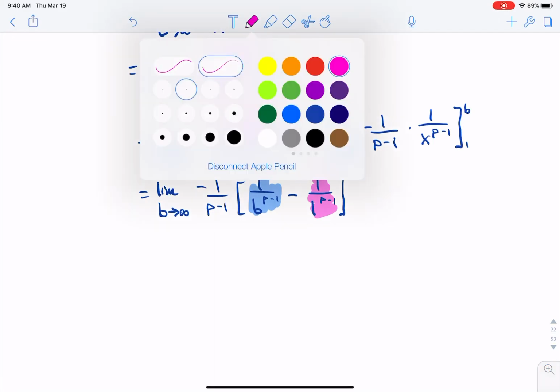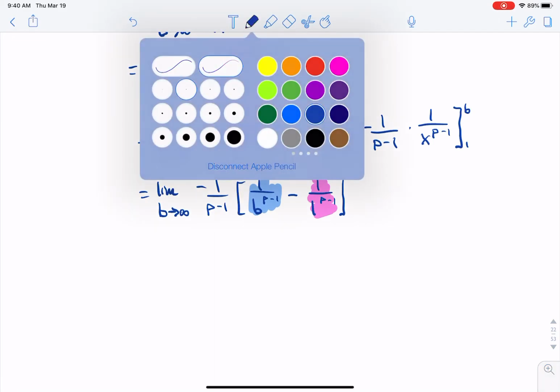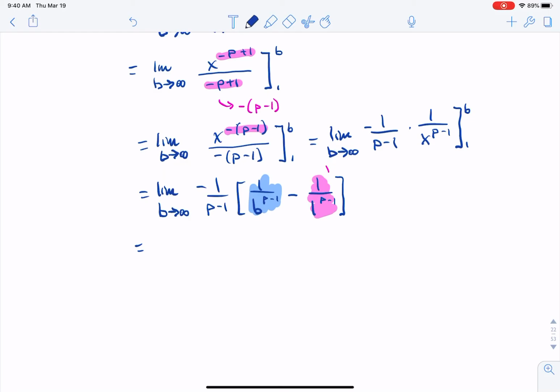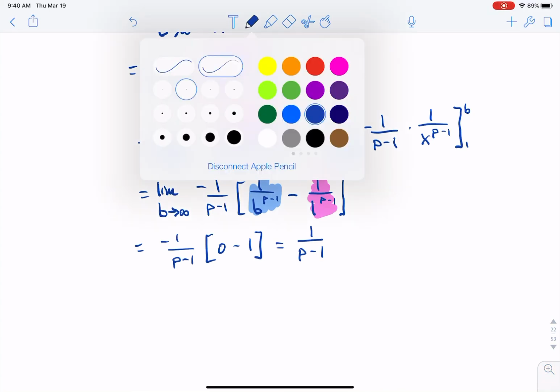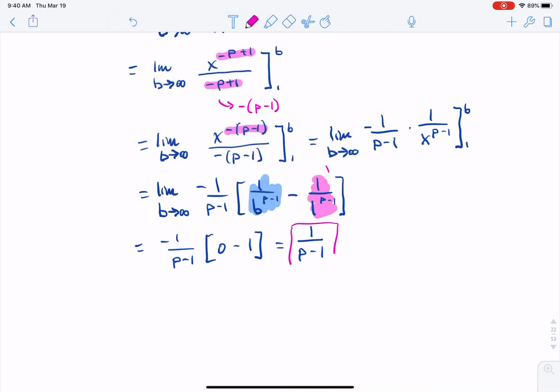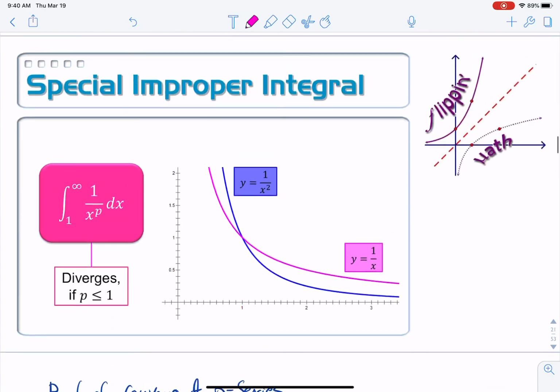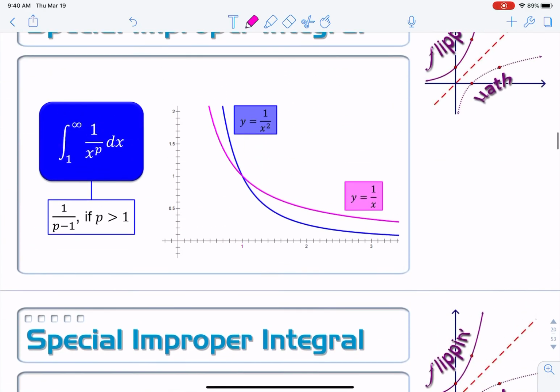So then this evaluates to, without the limit, negative 1 over p minus 1 times 0 minus 1. The 0's gone, who even cares about that? And I have this times a negative 1, which puts us at 1 over p minus 1, which is, I do believe, exactly what we said right up here in blue.